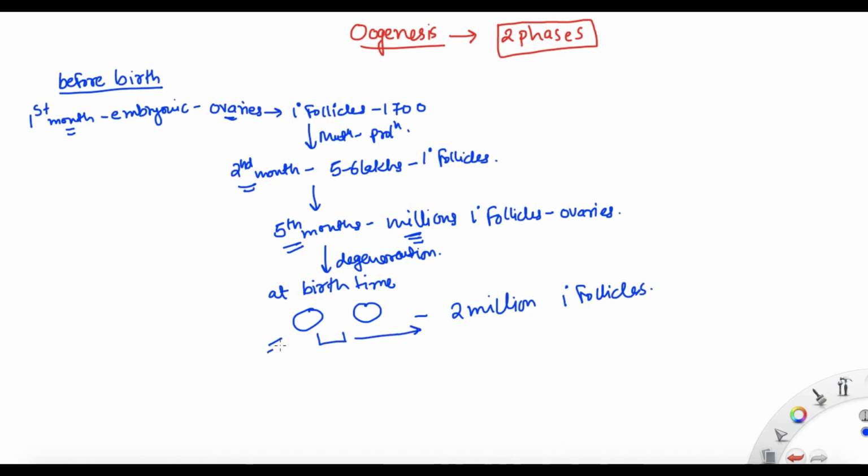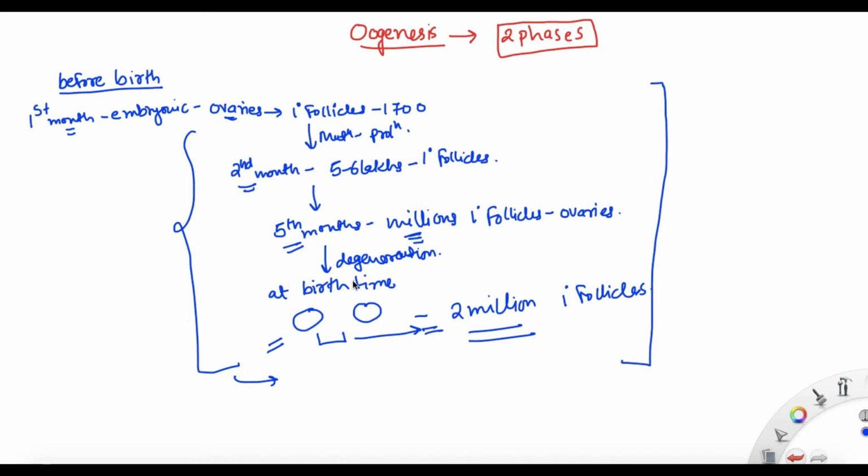Now once the girl child is born, whatever primary follicles are made, no more are made after the birth. These are the numbers that are made, and this is happening before birth in the embryonic stage. And after birth, from these 2 million follicles, by the time of puberty, in each ovary about 60 to 80,000 primary follicles would have remained.